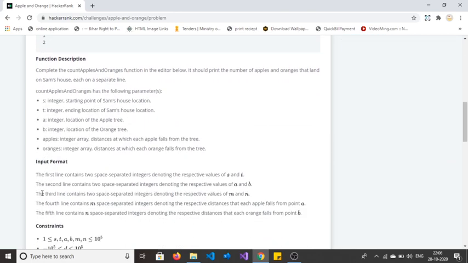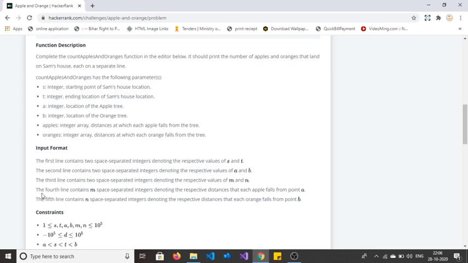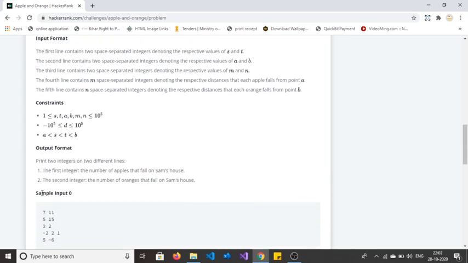You may understand the function description, so I am skipping it. Let's move to the input format. The first line contains two space separated integers denoting the respective values of S and T, which are the starting point and ending point of Sam's house. The second line contains two space separated integers denoting the respective values of A and B, which are the locations of the apple tree and the orange tree.